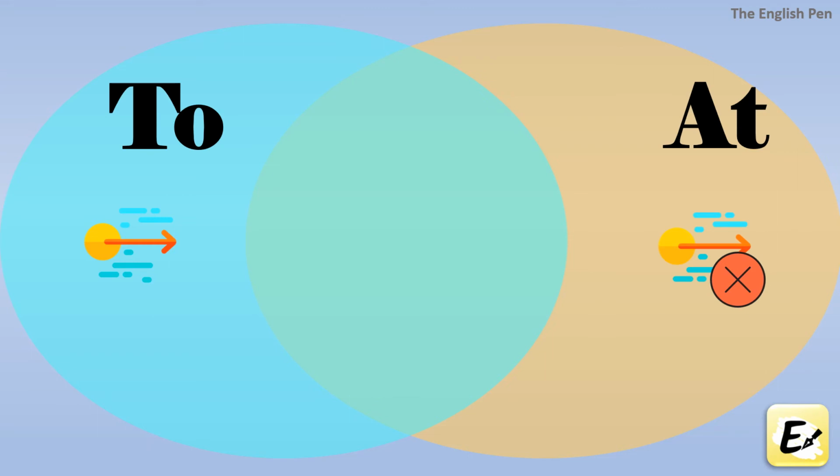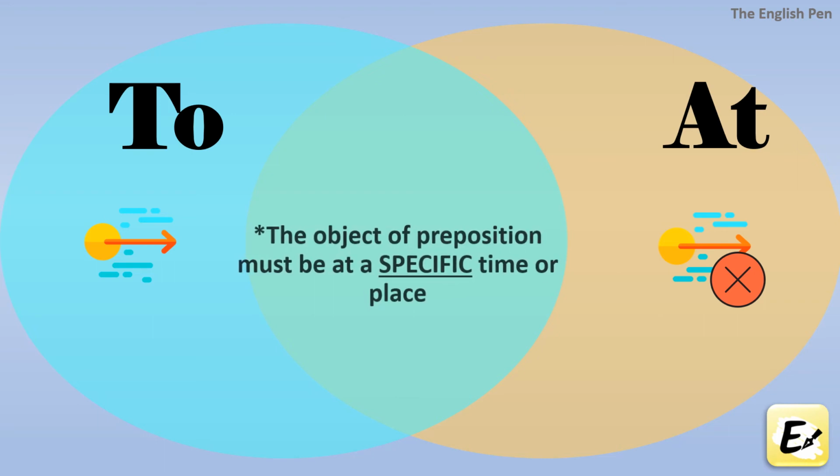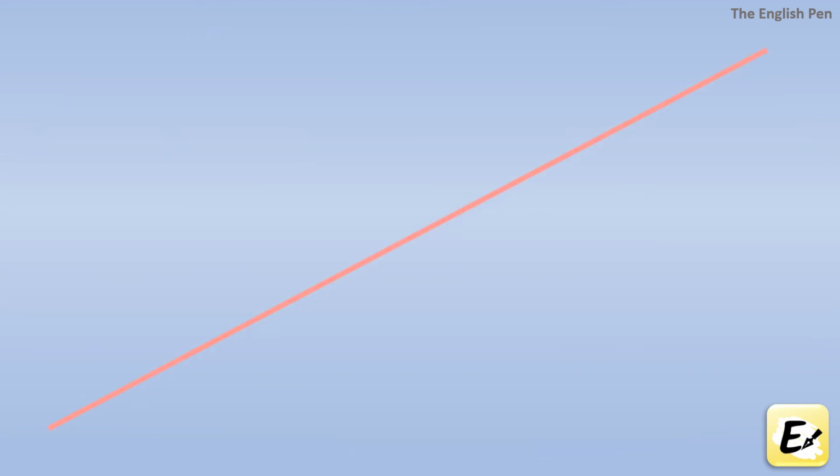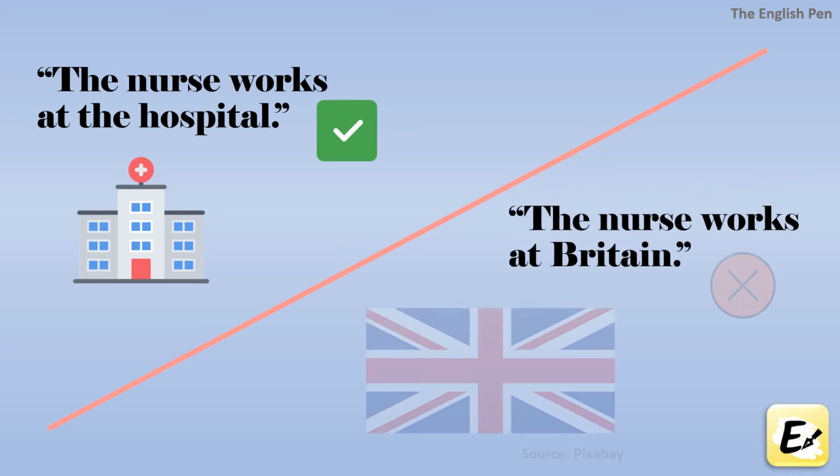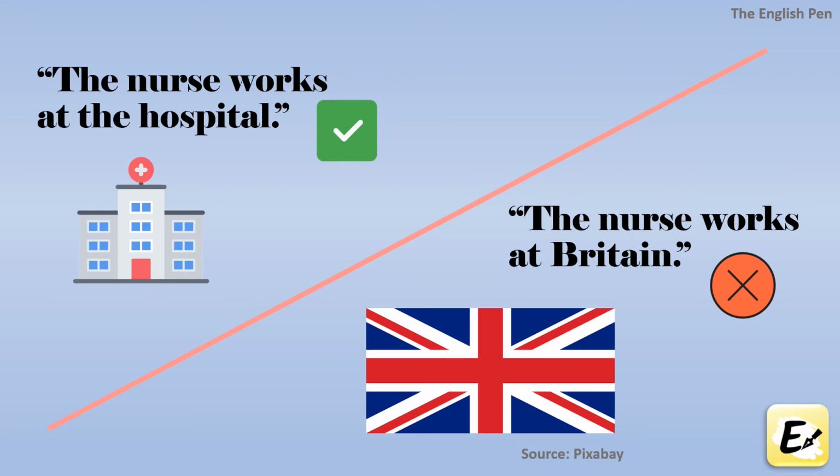One thing to note is that the object of the preposition when using to and at must be a specific time or place. For example, the nurse works in the hospital is correct, but the nurse works at Britain would not. Britain is too big.